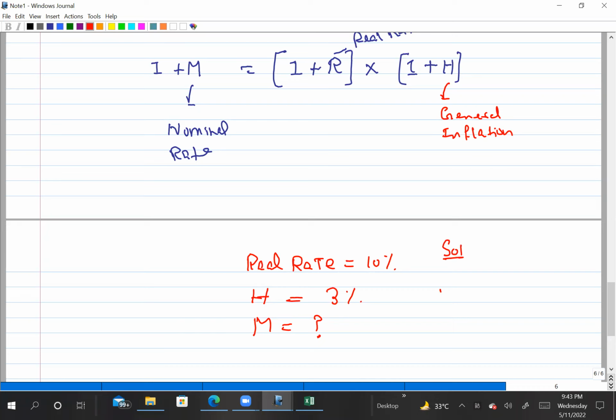In the Fischer formula, M will be equal to 1 plus R multiplied by 1 plus H, minus 1.